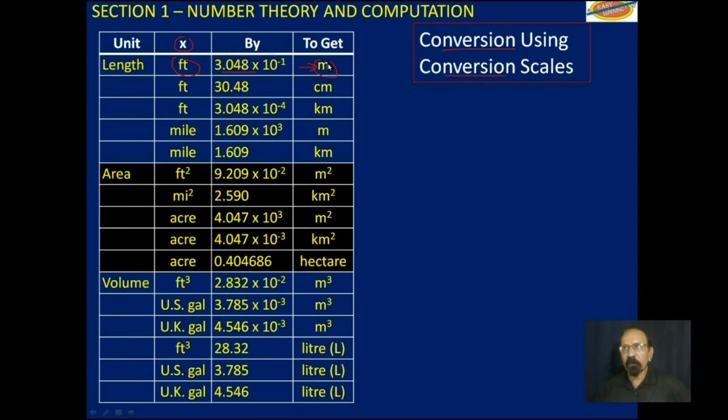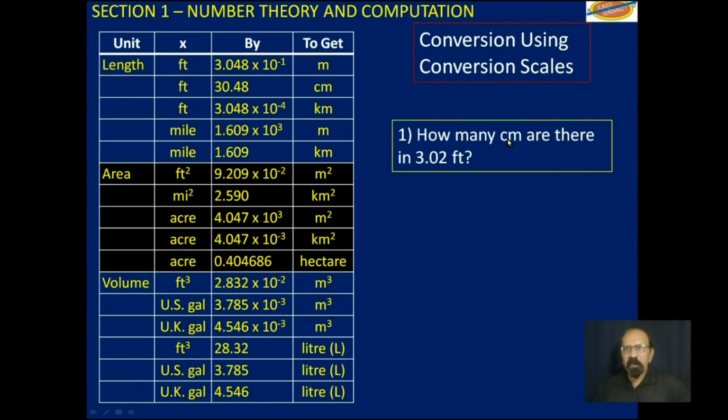That is, if you're going from feet to meters, or square feet to square meters, you will multiply the square feet you are given by this factor, and you will get square meters. Of course, if you are going the other way around, if you are given kilometers and you want to convert that to feet, then you will divide by this factor to get the feet equivalent.